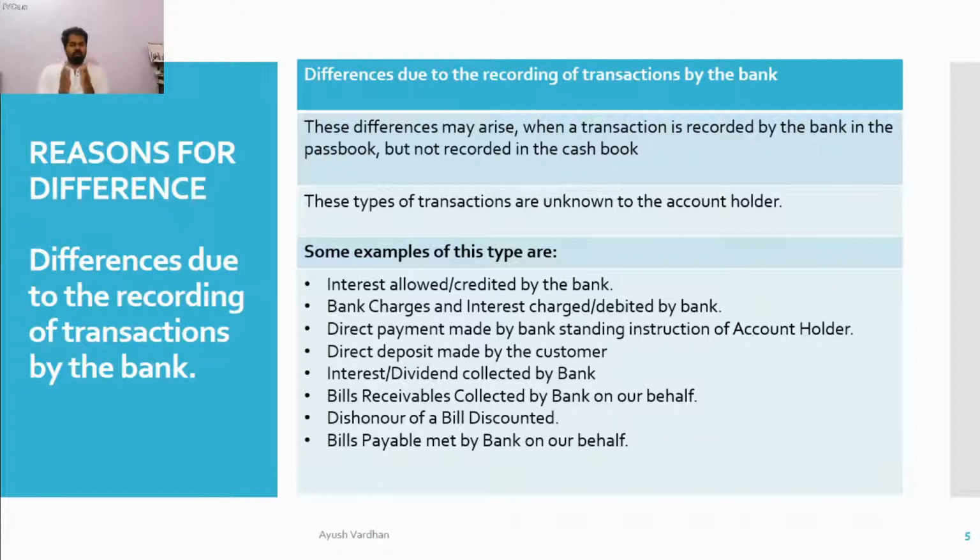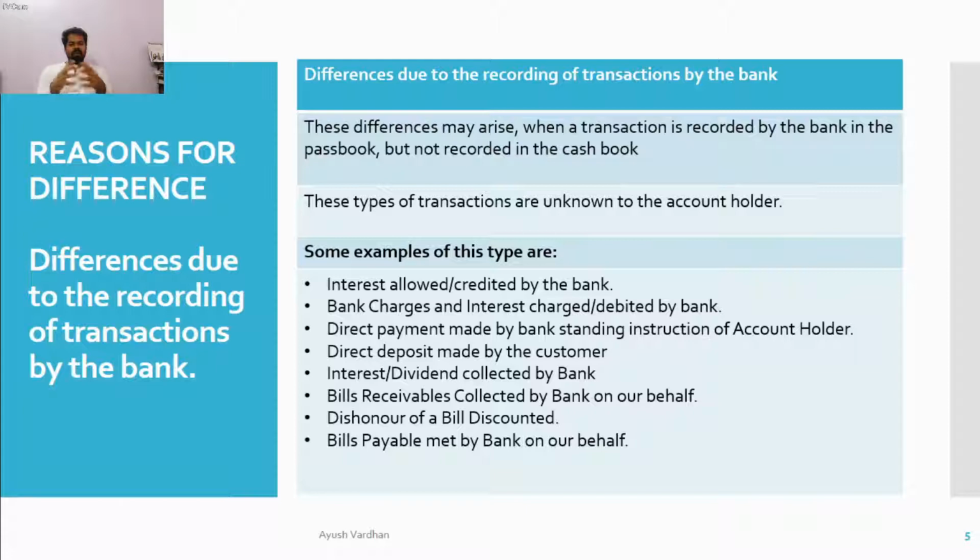You don't come to know, but the bank does that transaction because you have authorized the bank to make the payment on your behalf. So the bank does that payment, and you don't get to know that the payment has already happened unless you reconcile the bank account and your cash book. So this is how these differences are created.